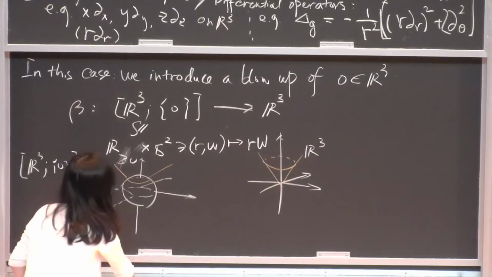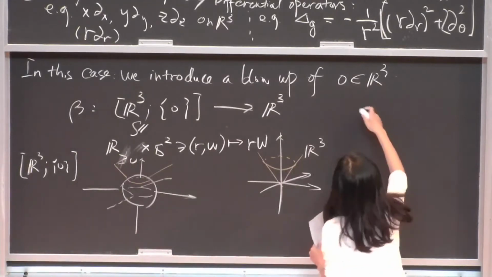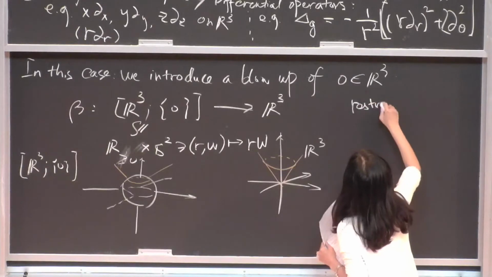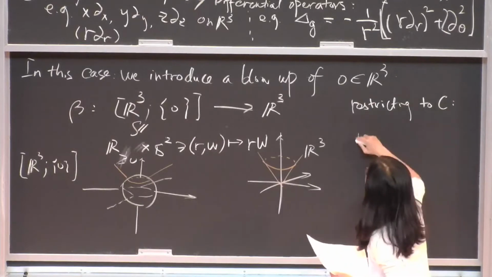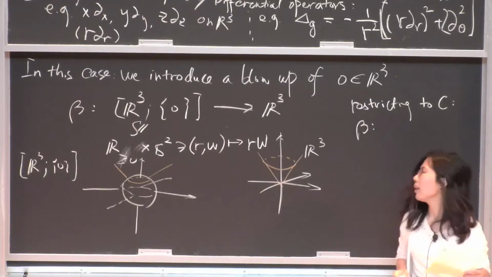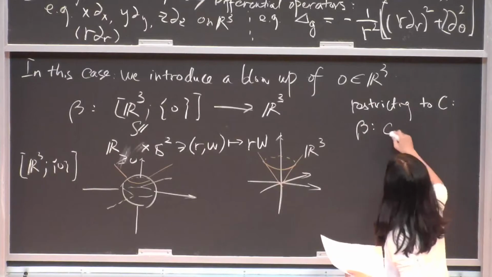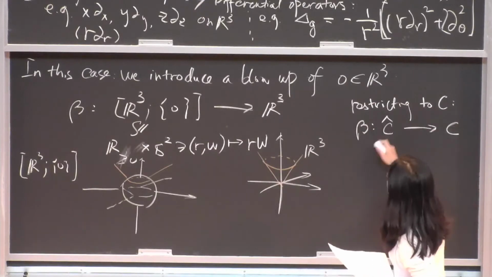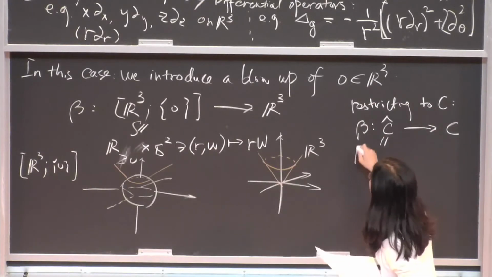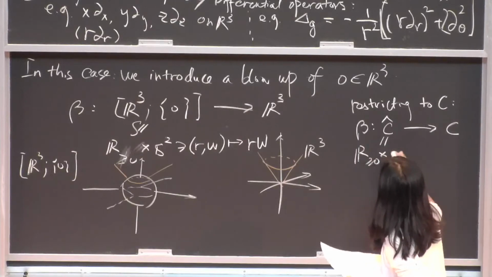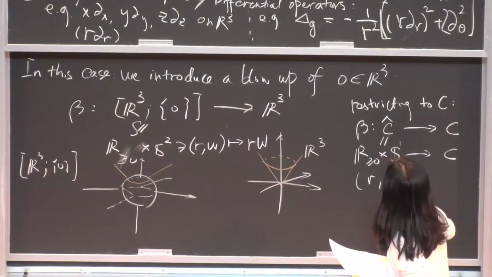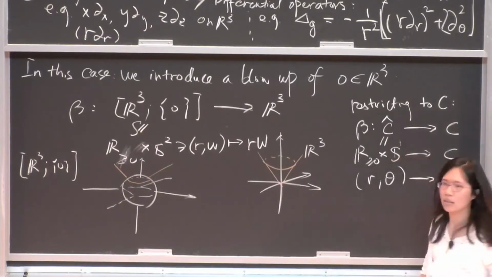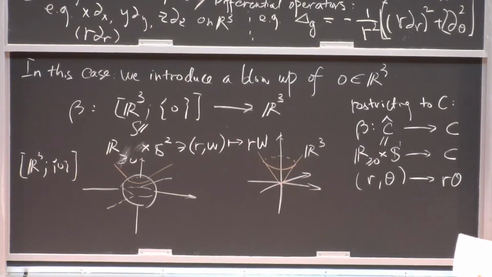And in particular, you can write it out that, restricting to the cone, we can do a similar blow-down map, which is C hat to C, where C hat is really given by r greater than or equal to 0 times S1 to C, which is just given by (r, theta) mapped to r theta. Okay, so nothing special. All right.